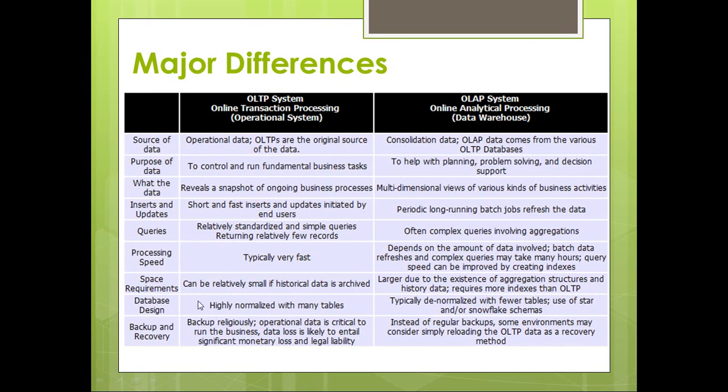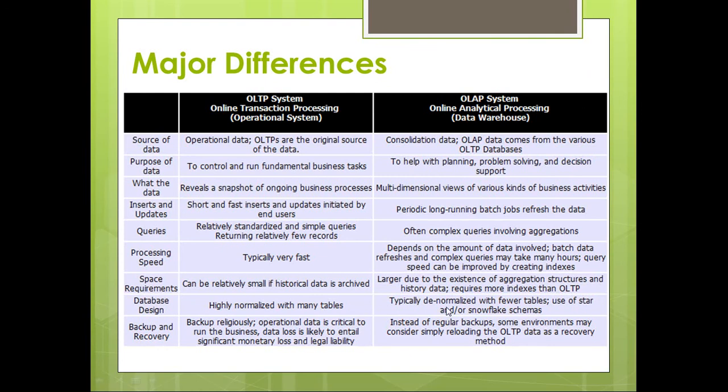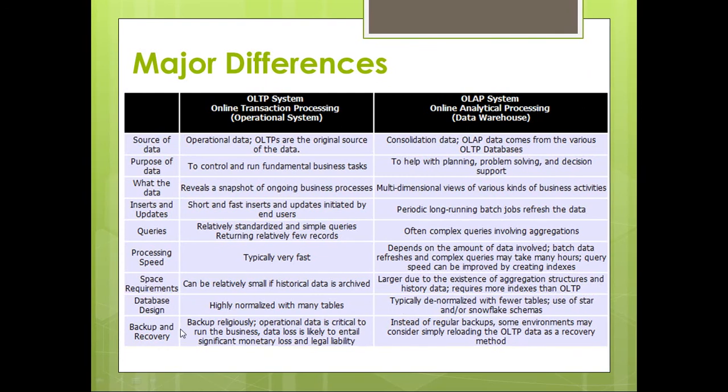OLTPs are normalized, while the OLAPs are denormalized and have fewer tables than an OLTP. OLTPs are also backed up a lot. Data loss here is often equivalent to lots of money being lost.